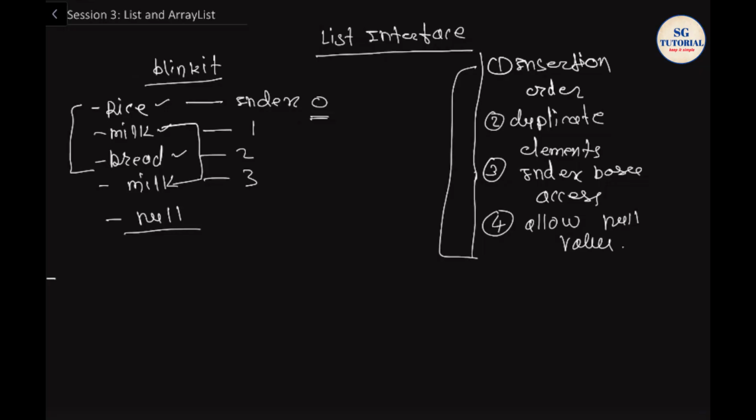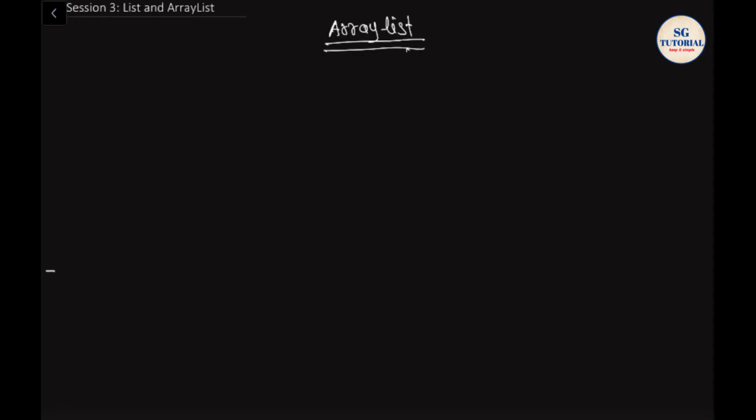Okay, so further in this session we are going to discuss what is ArrayList and characteristics of ArrayList. So what is ArrayList? ArrayList is a class, or we can say ArrayList is an implementation class of list interface that we have already discussed in collection framework architecture, right? So ArrayList is an implementation class of list interface that stores multiple elements in a list and its size can grow or shrink automatically.